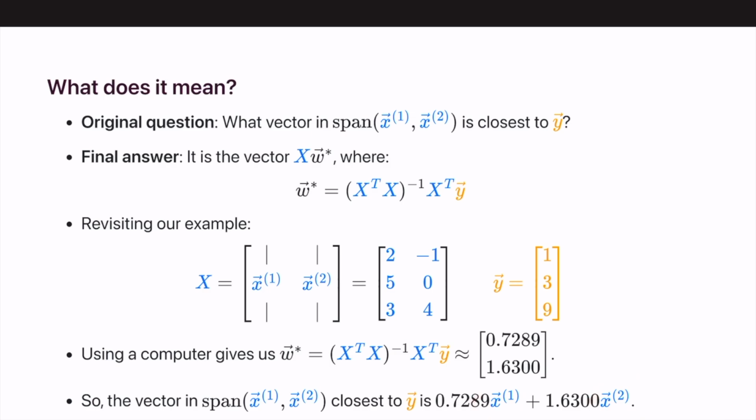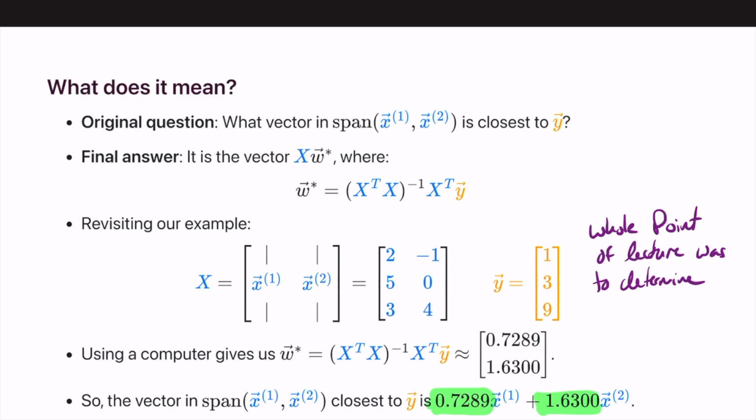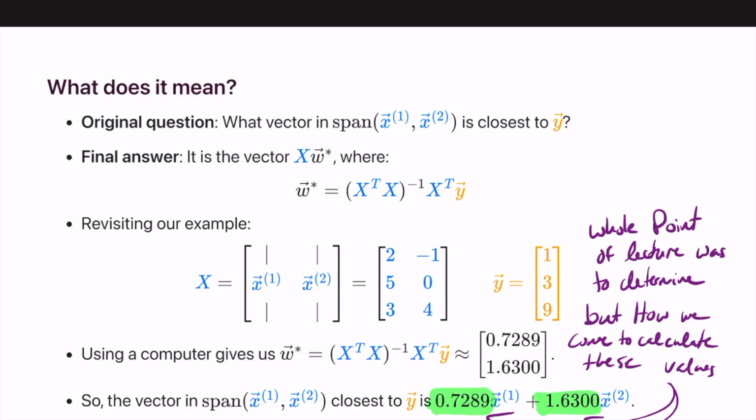So the whole point of this lecture, which is now starting to go on a little bit long, the entire idea here was to figure out what these numbers are, to determine not just what, but how we come to calculate these values. So that was the whole point.